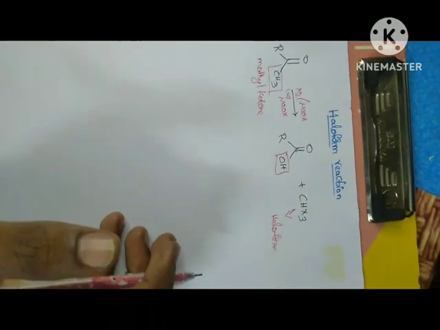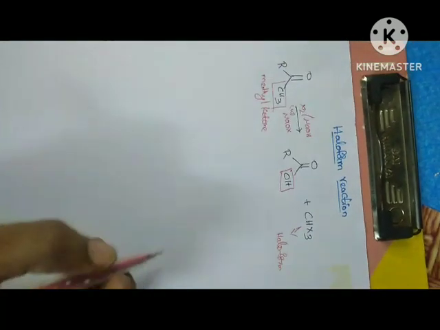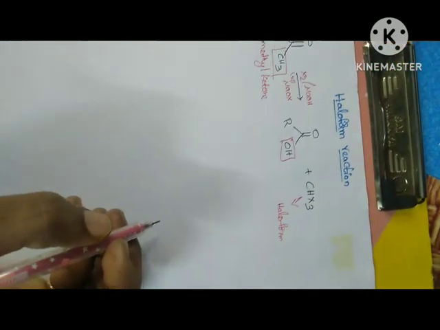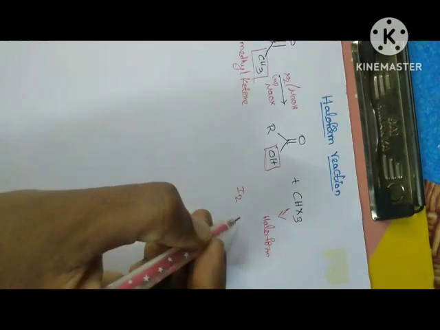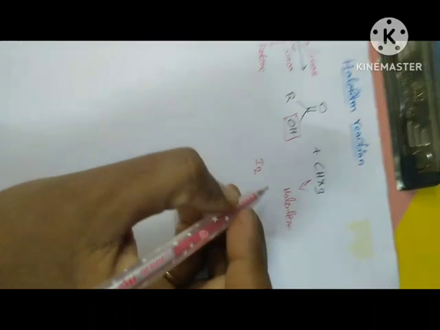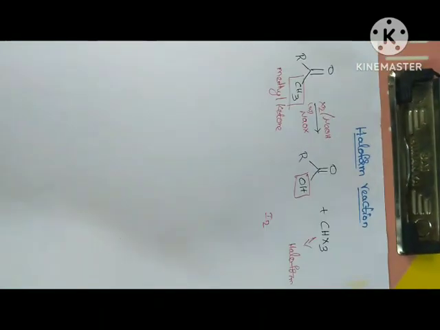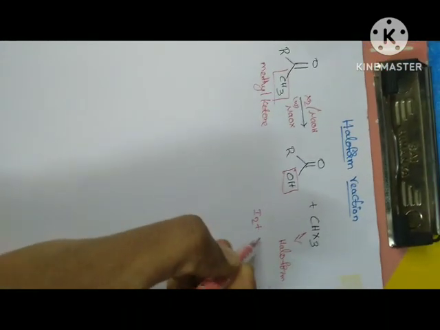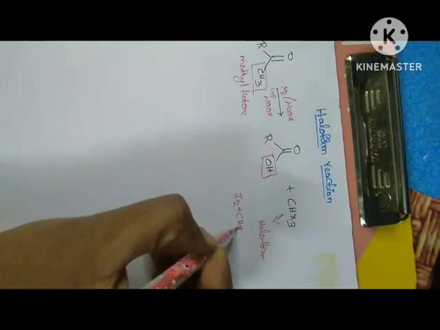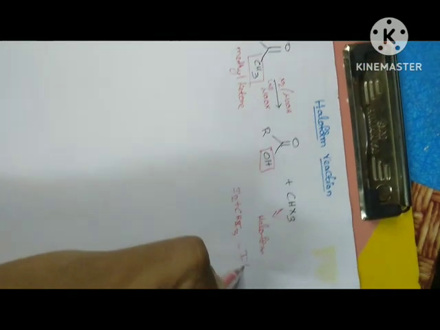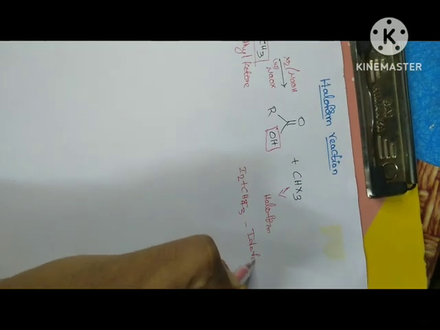By replacing the reagent X2 with I2, iodine, we form iodoform.